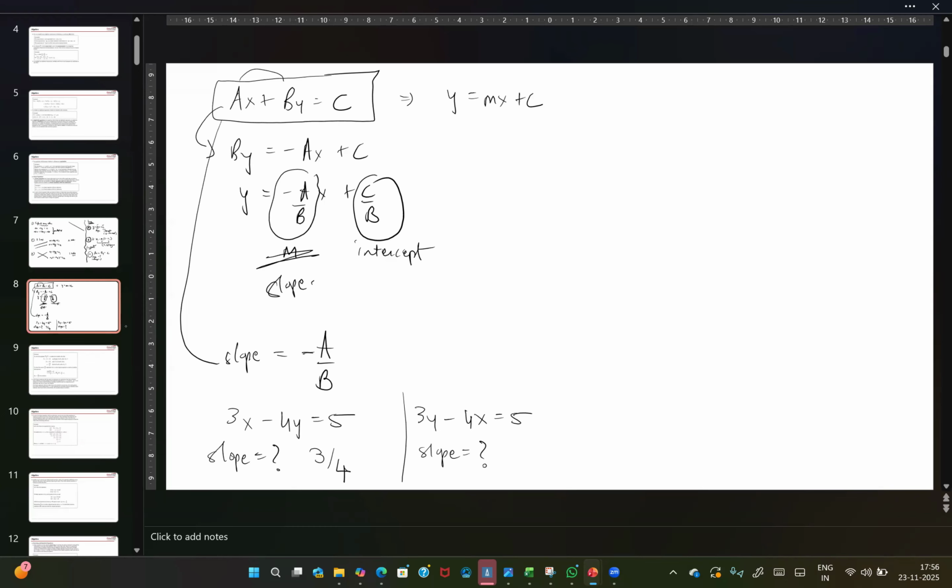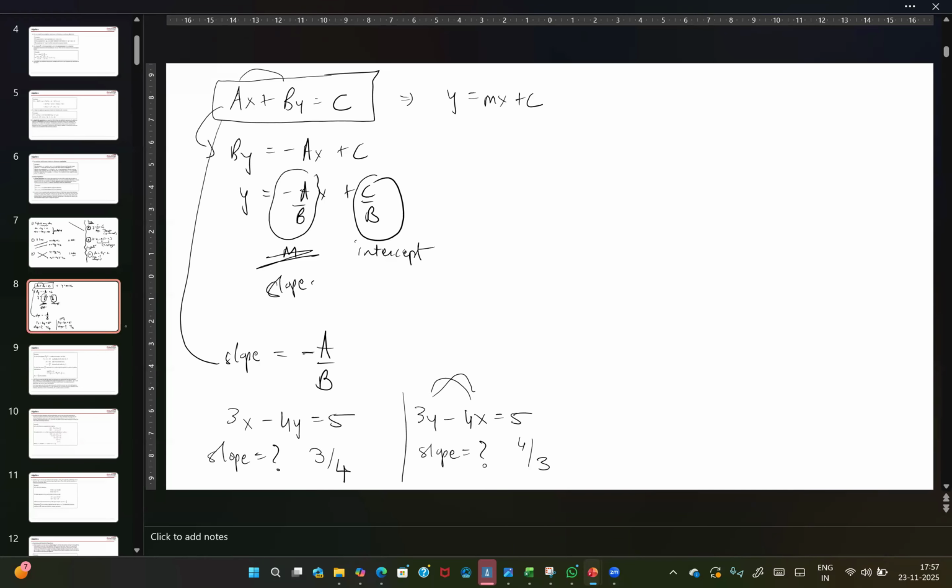It's 4 by 3. You'll have to just rearrange. The x coefficient is minus 4 and y is 3, so the negative of that ratio is 4 by 3.